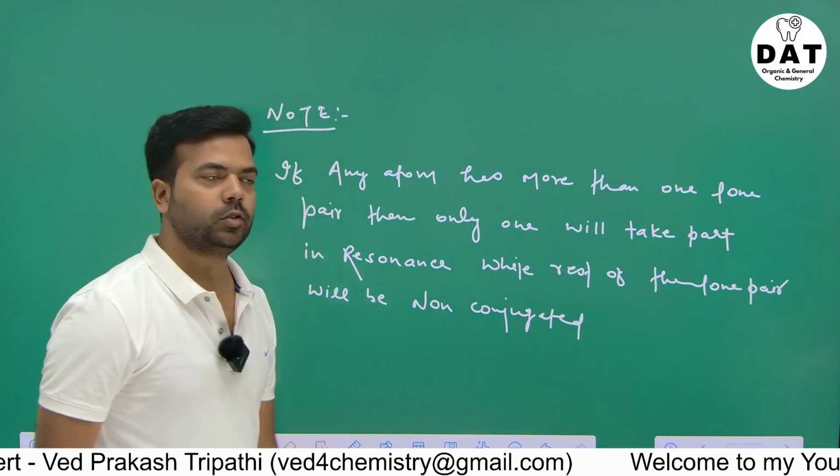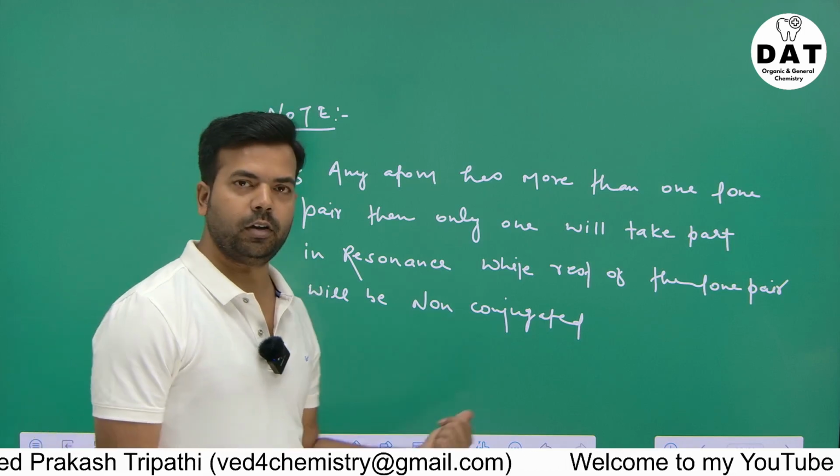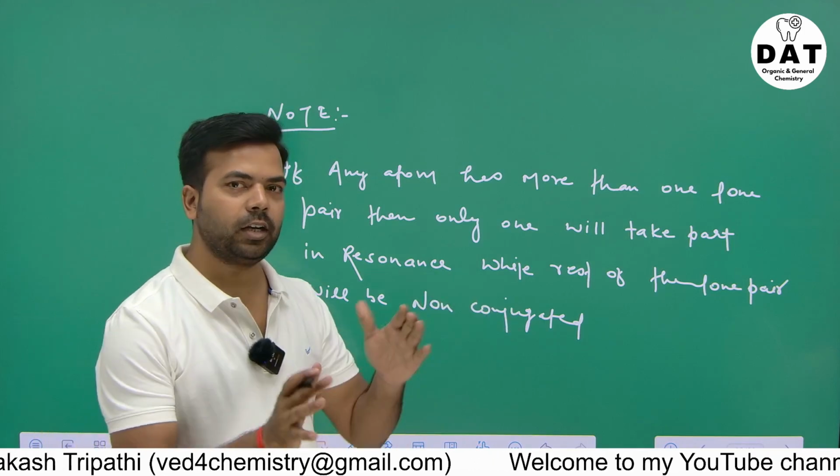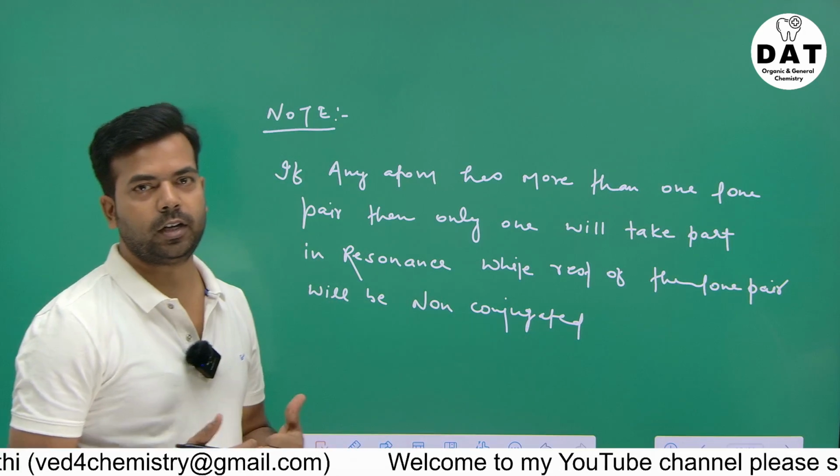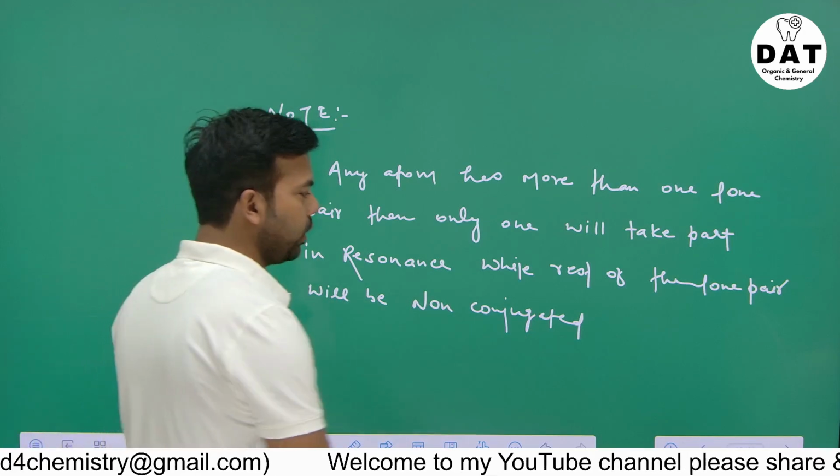So if you have more than one lone pair and they are in alternate, any one of them will be conjugated and the rest of the lone pairs are non-conjugated. Look at the example.